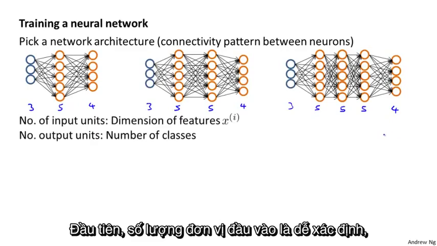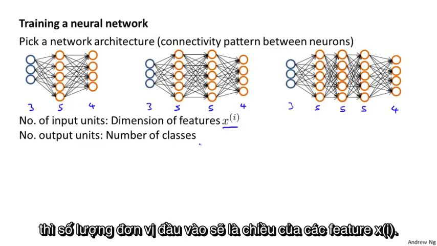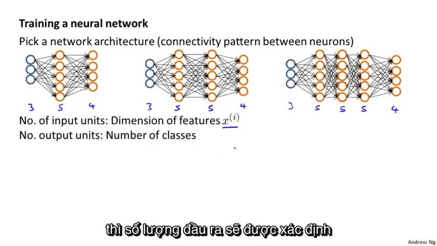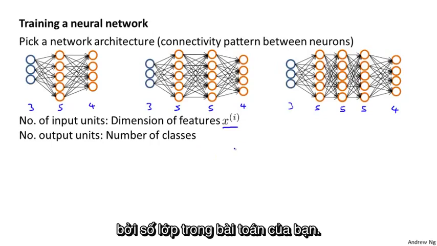Well, first, the number of input units, that's pretty well defined. Once you've decided on a fixed set of features x, the number of input units will just be the dimension of your features x(i), determined by that. And if you're doing multi-class classification, the number of output units will be determined by the number of classes in your classification problem.